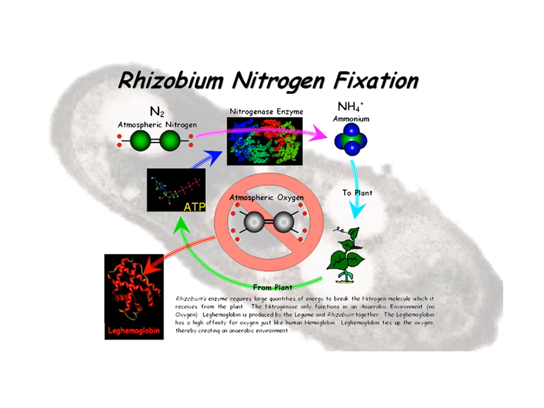So they are called leghemoglobin. They act like an oxygen buffer or oxygen scavenger. They scavenge the oxygen so that a proper concentration of oxygen is maintained inside the cell of the rhizobium, so that the nitrogenase activity is activated.